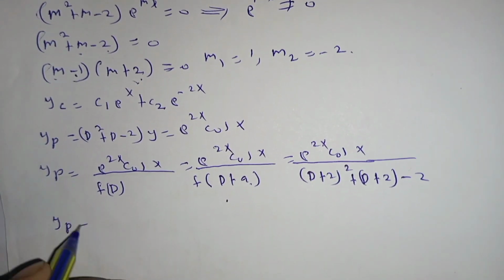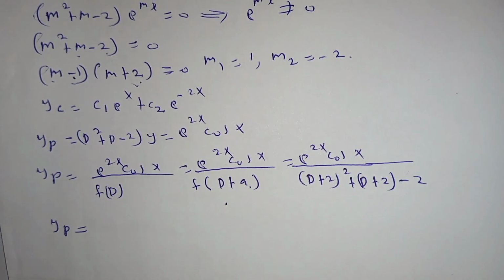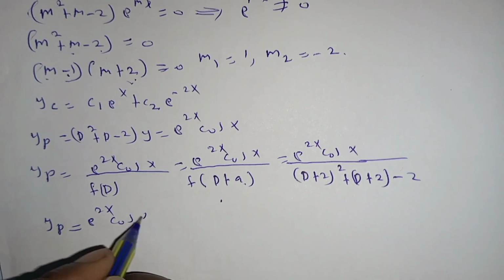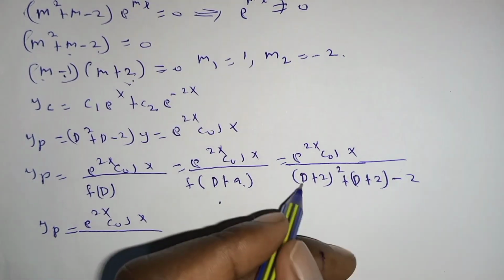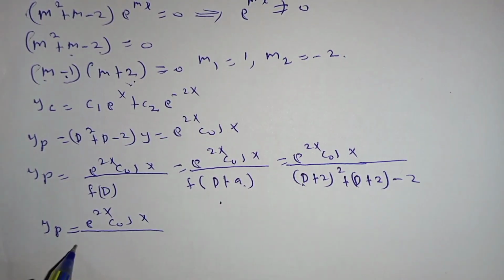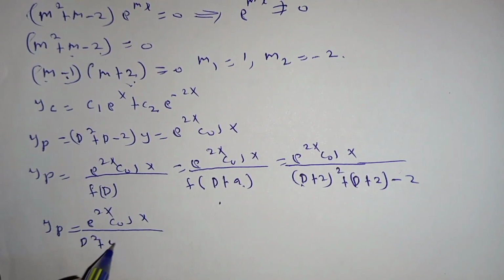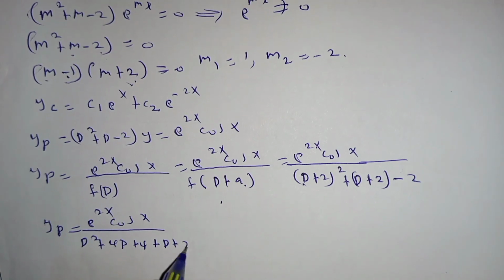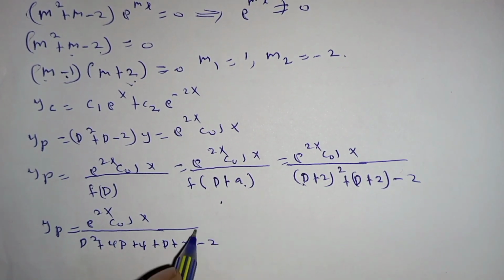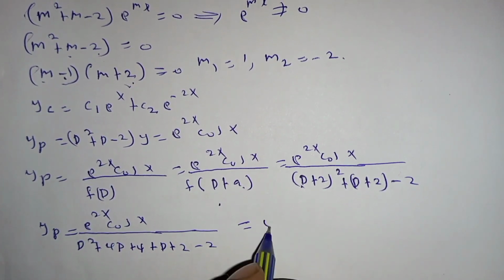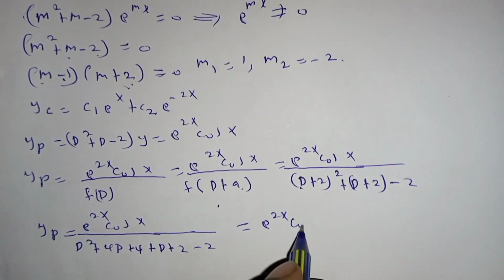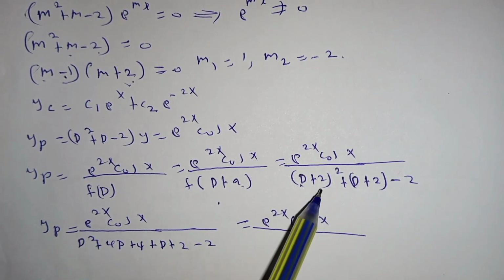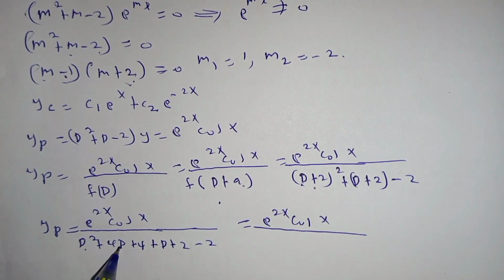So yp is equal to exponential 2x cos of x divided by, we expand this part so that it gives us d squared plus 4d plus 4 plus d plus 2 minus 2, which is equal to exponential 2x cos of x divided by, after factorizing, this here will give us d squared plus 4d plus 4.